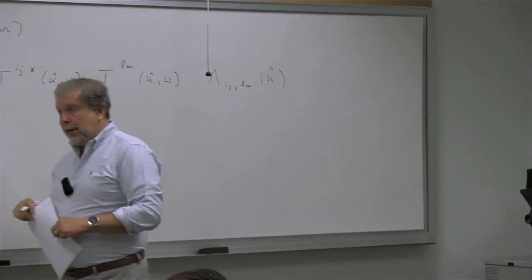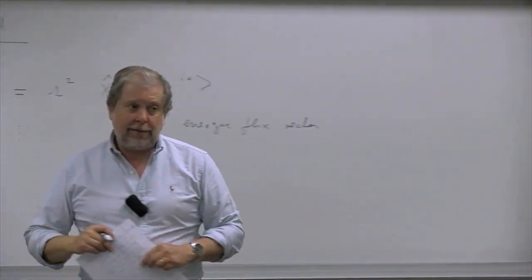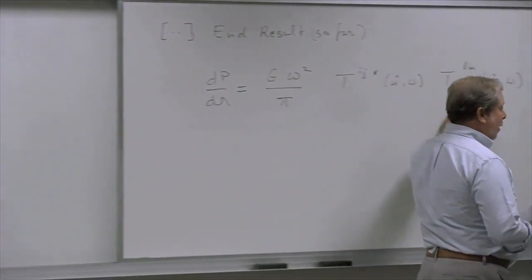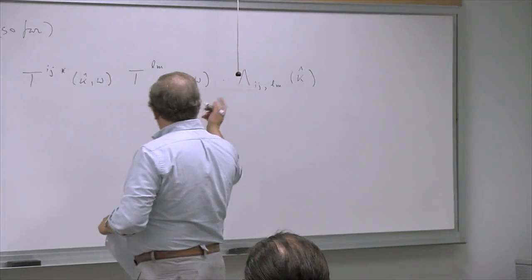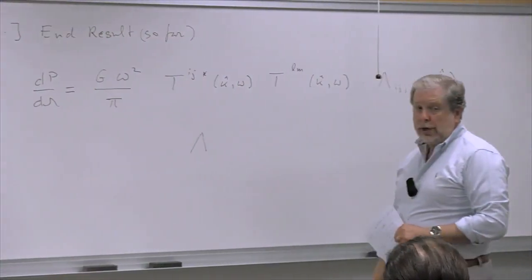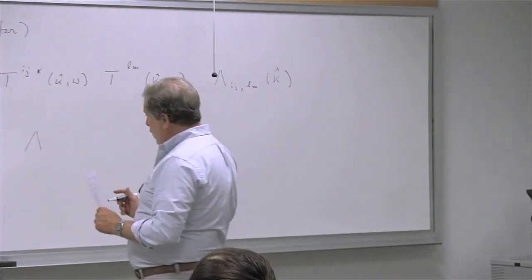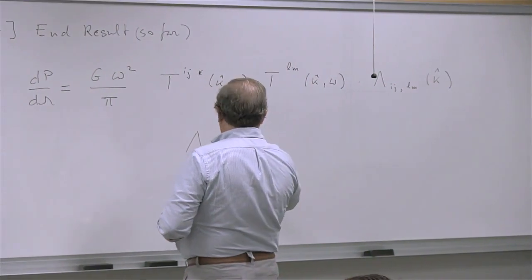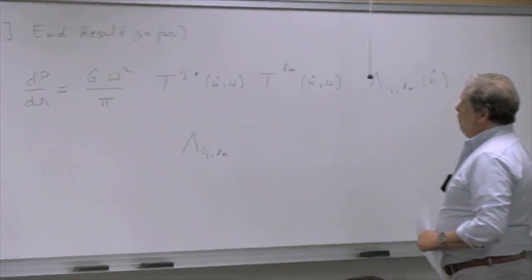So again, there are some similarities with electromagnetism, but some significant differences. Of course, the source for the gravitational radiation is this T mu nu piece, but also this lambda is a remnant of the fact that we're dealing with these shear waves. So lambda is a rather complicated sort of projection operator. So lambda ij,lm, right? We don't want to use the index k because that's already reserved for the wave vector.